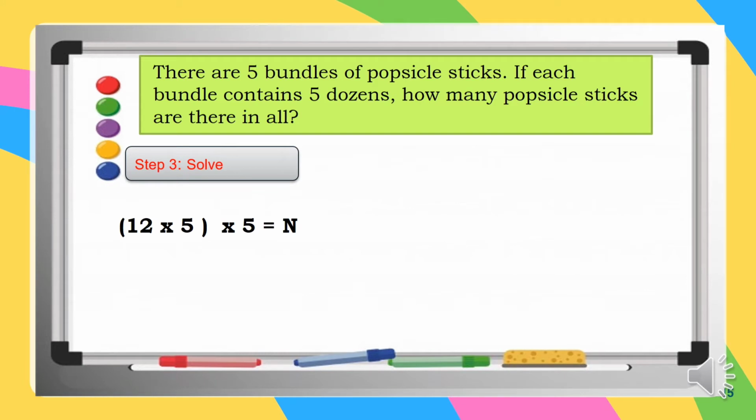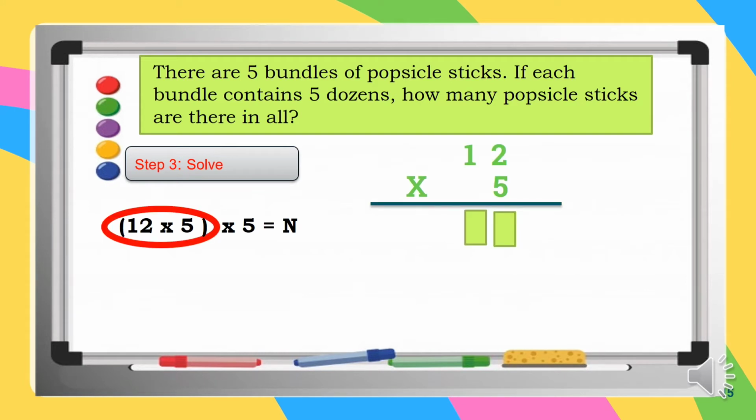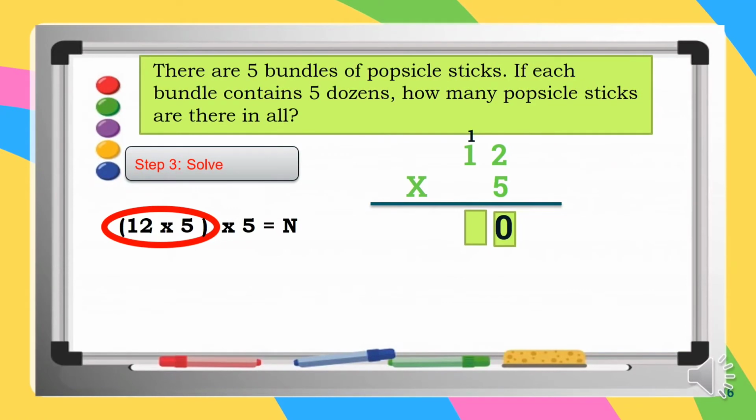So, let's multiply 12 and 5. 5 times 2 is equal to 10. 5 times 1 is equal to 5, plus 1 is equal to 6. Therefore, the product of 12 and 5 is 60.